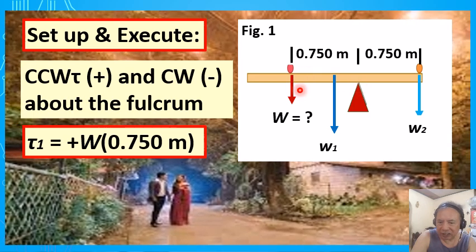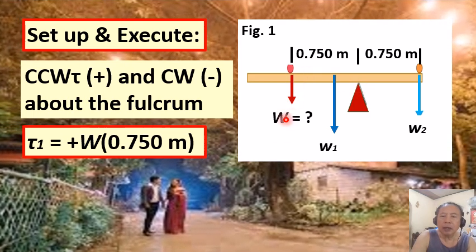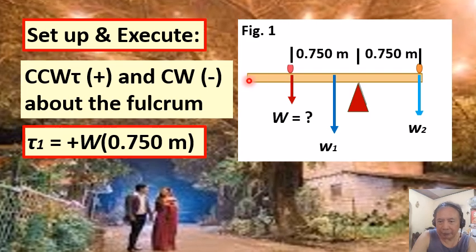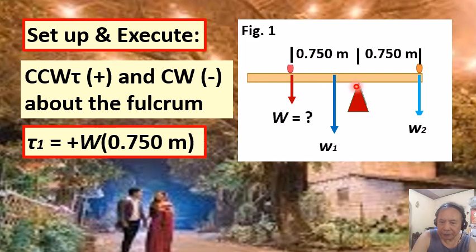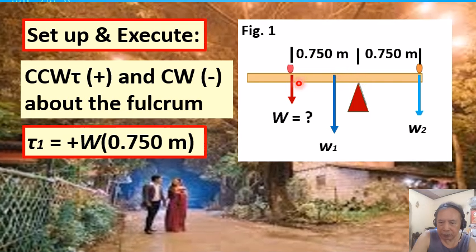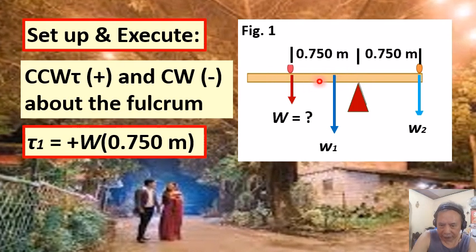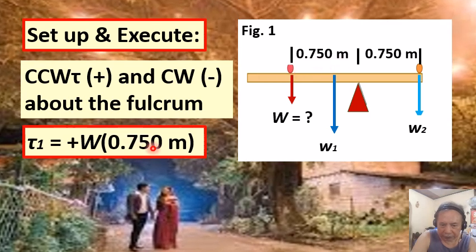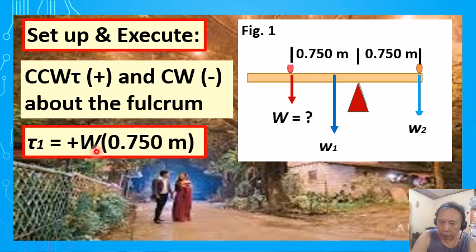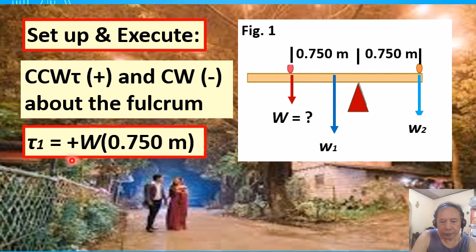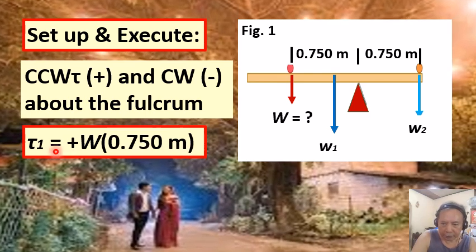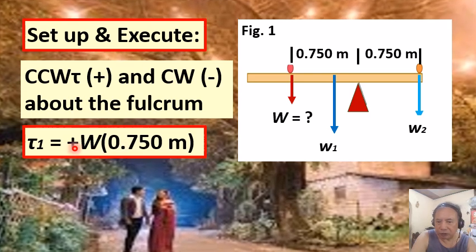And since initially the weight W is located 50.0 centimeters from the left end, we just deduct 1.250 meters minus 0.500 meters, and that's how we got 0.750 meters as the moment arm of weight W. So this is the equation for torque number 1, and it's considered positive again by convention.